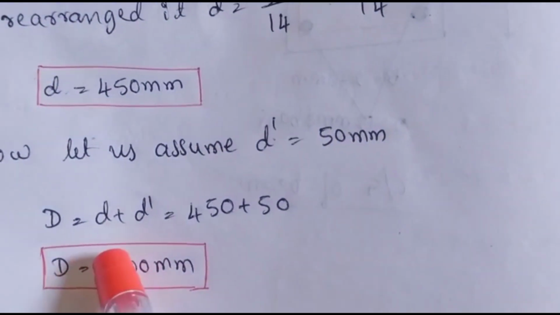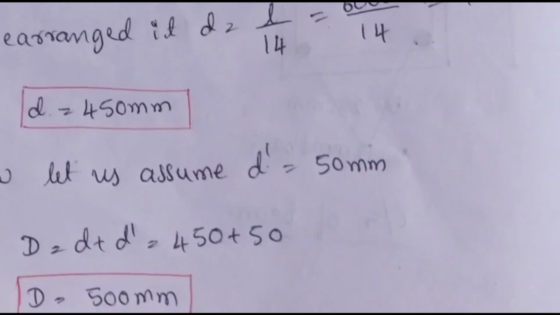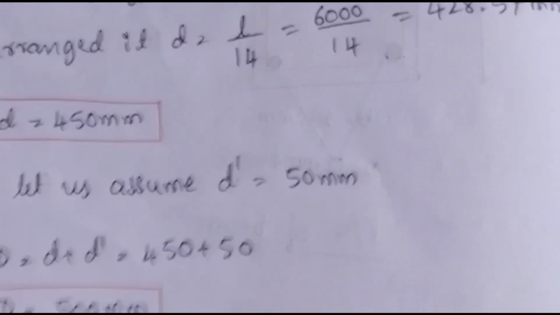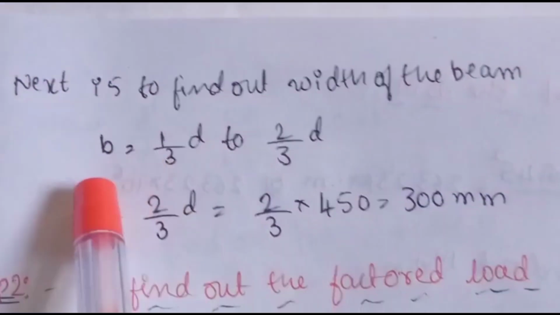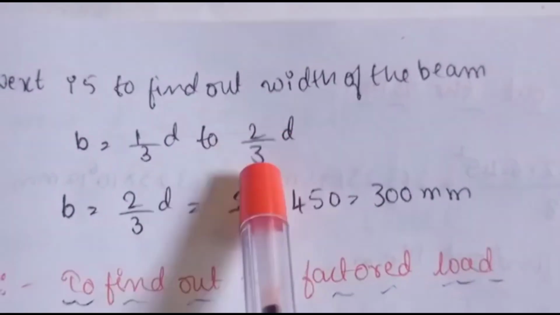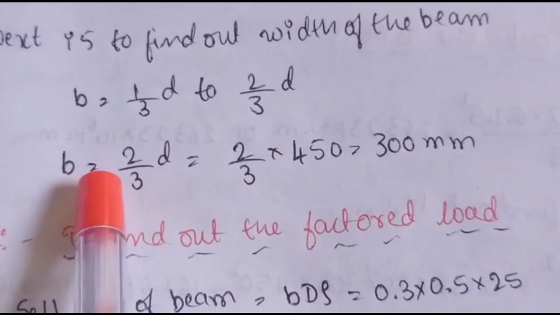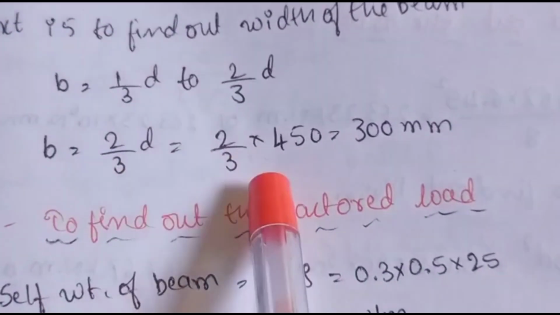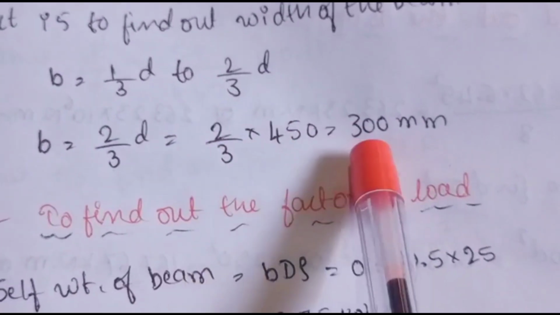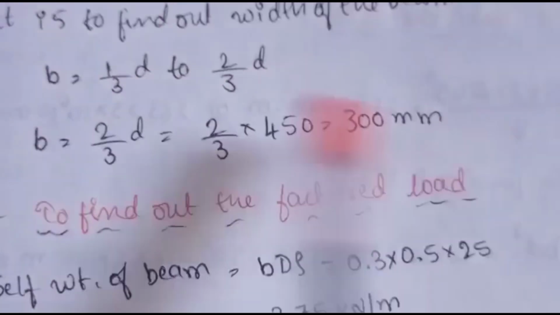After this, we'll go for calculation of width of the beam, that is B. We have the formula B is equal to 1/3 of effective depth to 2/3 of effective depth. I am taking 2 by 3 into effective depth. Substitute all the values, simplify this. We will get 300 mm.